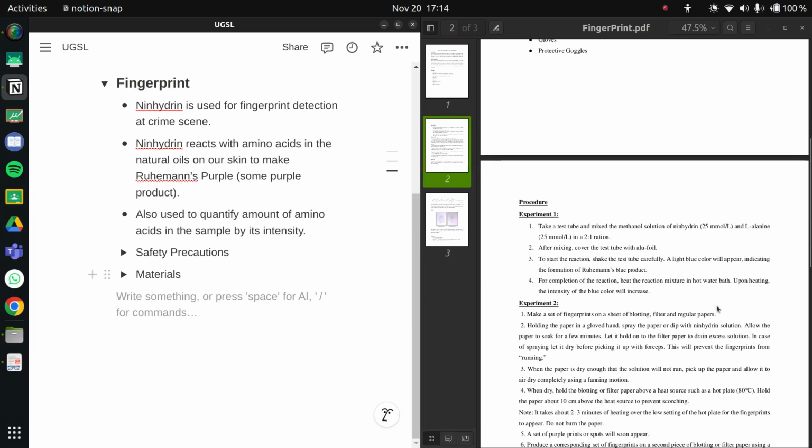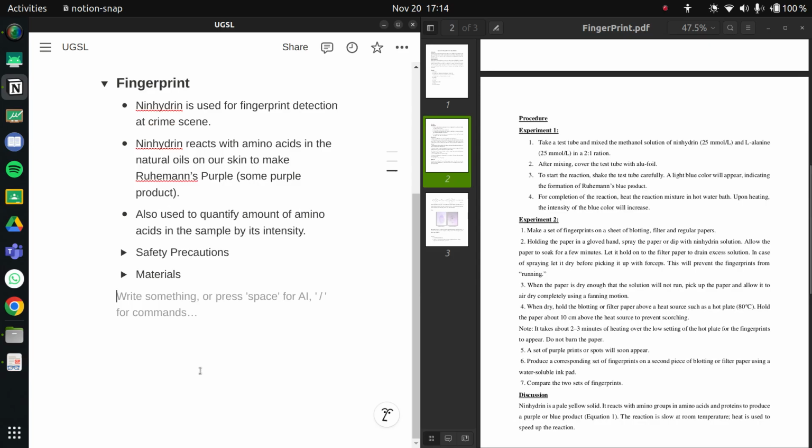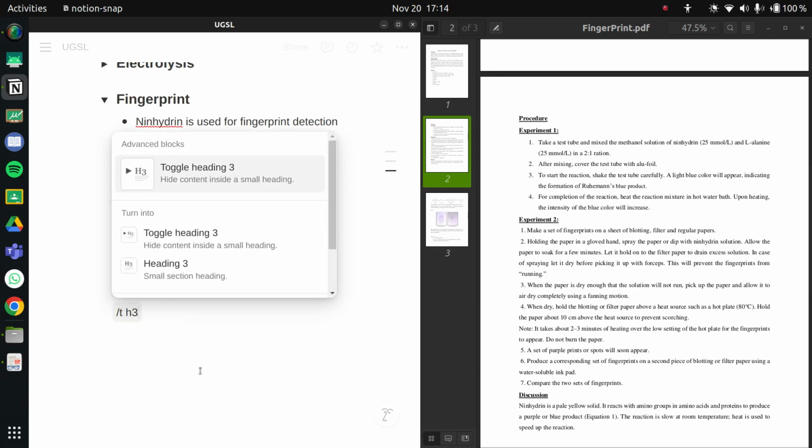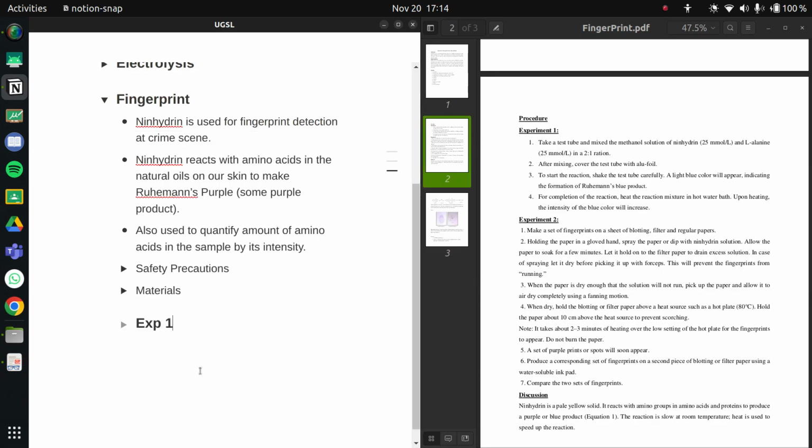Anyway, so the procedure, experiment 1. I wanted a list. Okay, let's go.